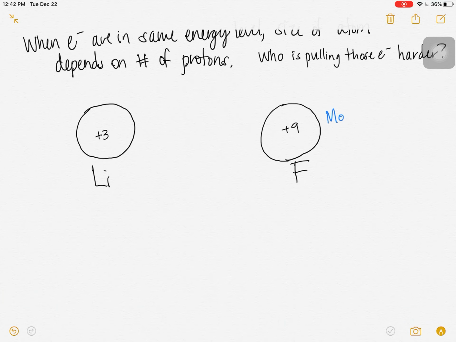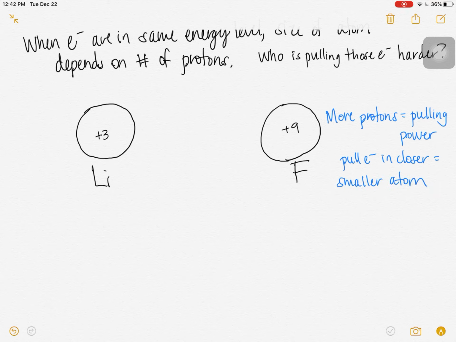Because fluorine has more protons, which I like to talk about as being the pulling power. It's almost like fluorine has more people on the tug of war team, okay? It's got more to pull with, and because it can pull harder, it's going to pull those electrons in closer, which is going to be a smaller atom. This is kind of a tough thing to understand.